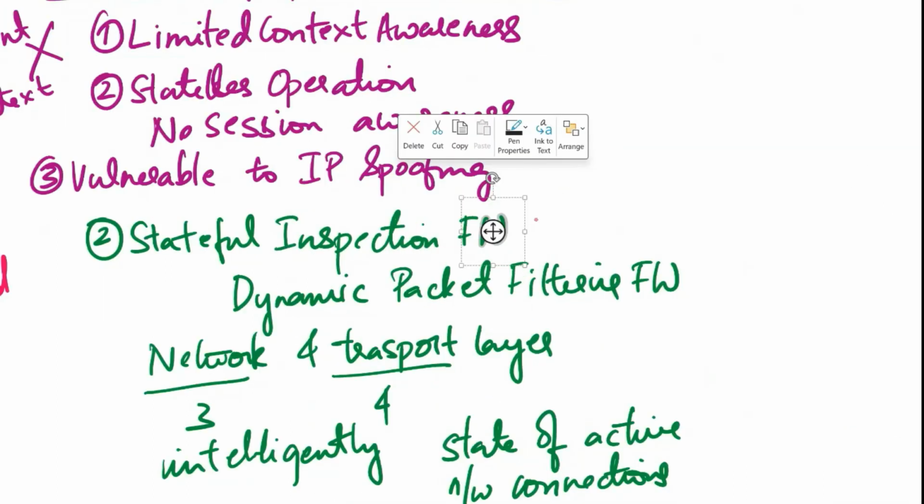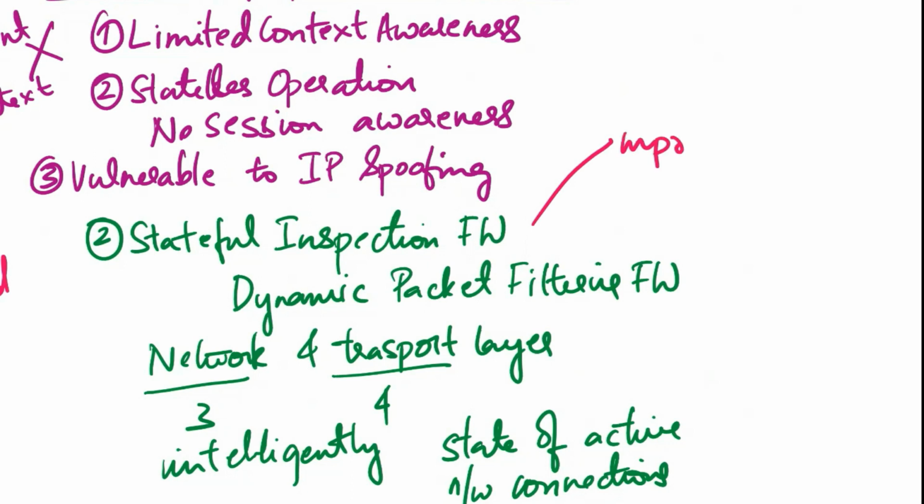Key advantages of stateful inspection firewalls include improved security. This is due to their ability to understand the state of network connections and adapt rules accordingly. They are more effective at preventing attacks like IP spoofing and various forms of packet level and session level attacks.